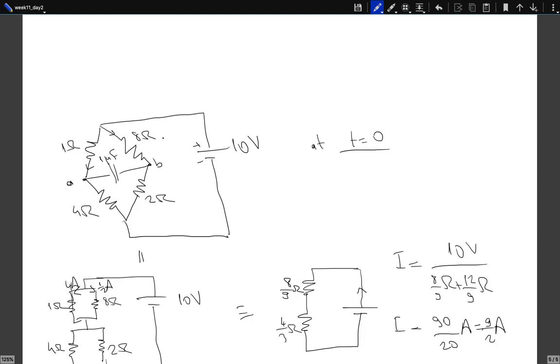Now what did we discover? Across that resistance of 8 ohm, we have half an ampere. And across the 1 ohm resistance, we have 4 amperes.